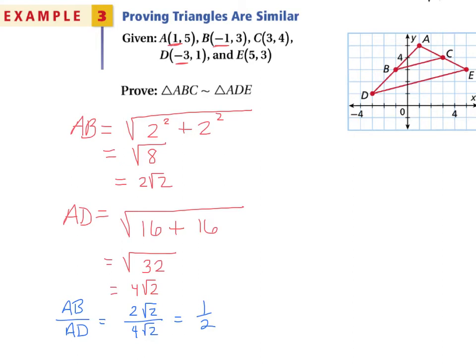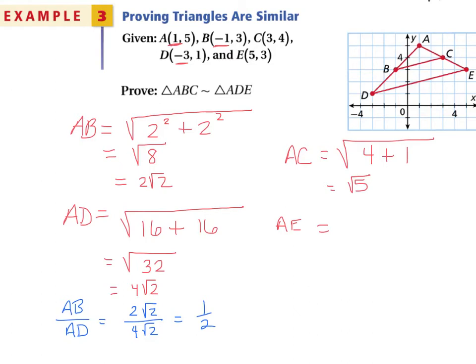Now, let's find the length of AC and the length of AE. So AC, subtracting my x's, 1 minus 3, gives me -2 squared, which is 4. And then I subtract 5 minus 4, which is 1 squared, which is 1. That gives me the square root of 5.